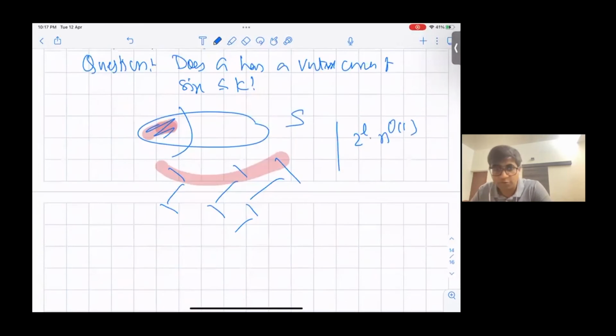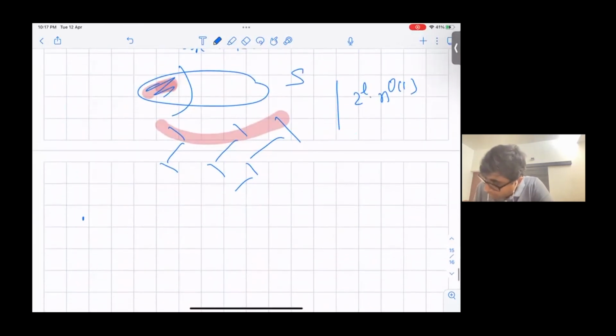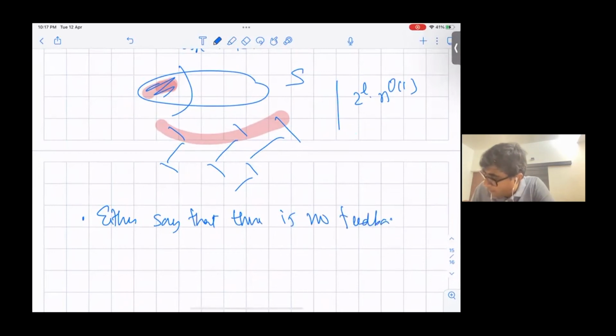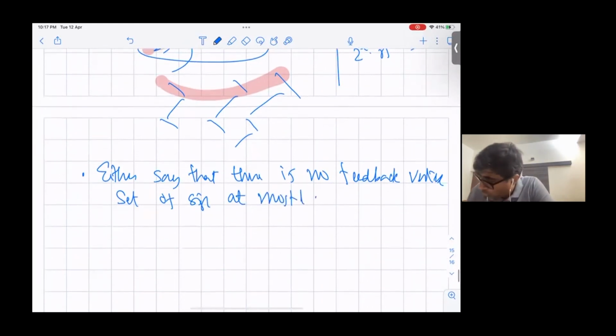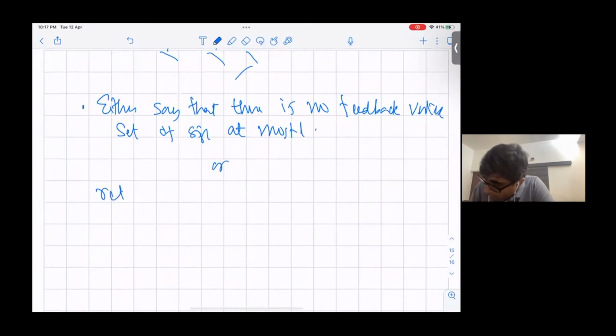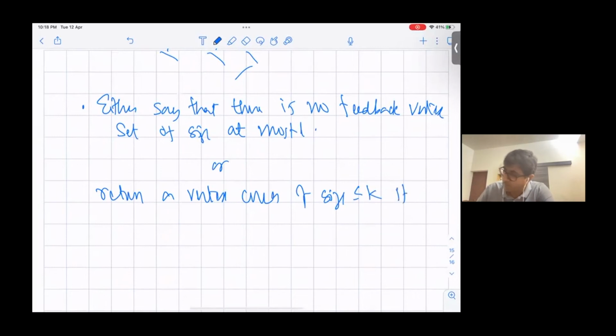So what should our running time be? We either say that there is no feedback vertex set of size at most L, or return a vertex cover of size at most k, if one exists, in f(L) time. This is what is called a feedback vertex set.